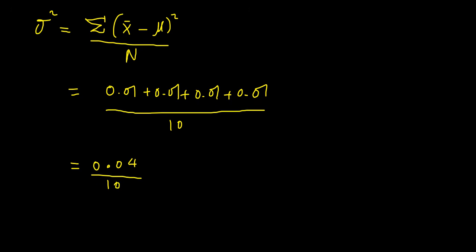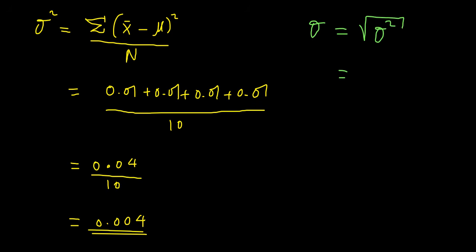Dividing by 10 just means the decimal point moves one step behind. That will be 0.004. That's the variance.